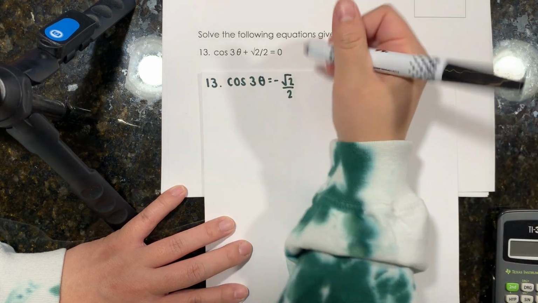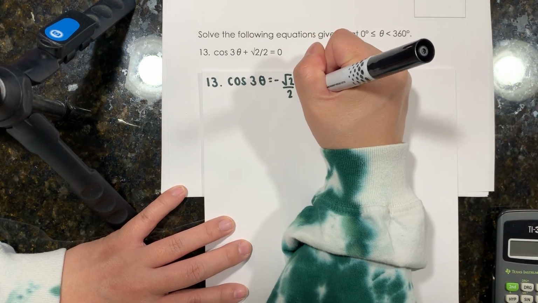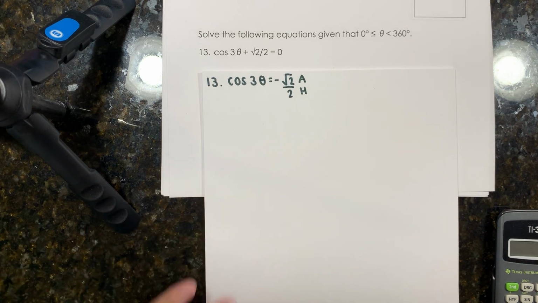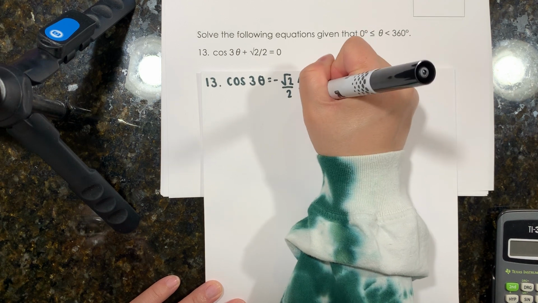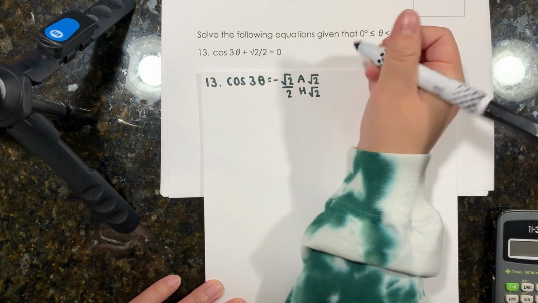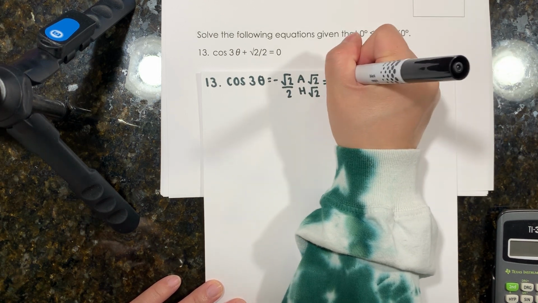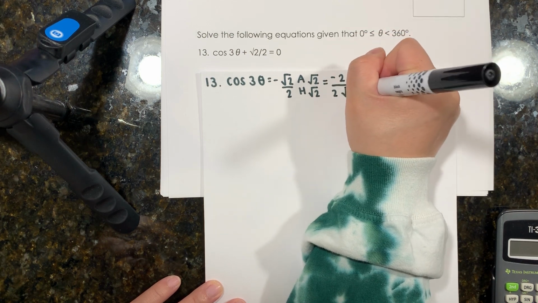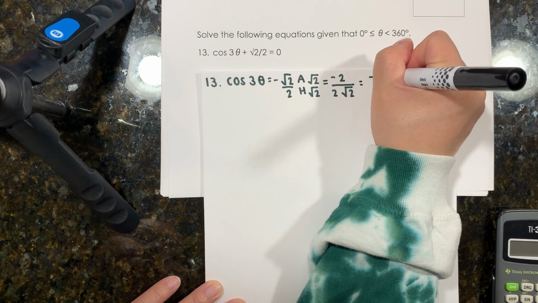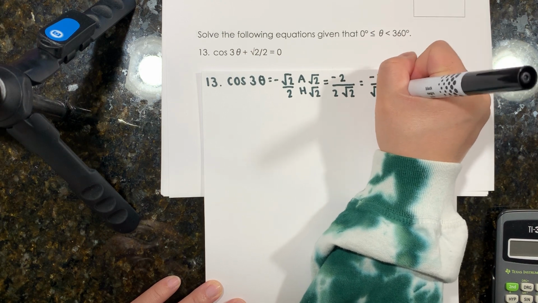Now I know that this is not a reference triangle because I don't have a reference triangle with an adjacent of square root of 2 and a hypotenuse of 2. So I'm going to move that square root down to the denominator by multiplying top and bottom by the square root. That would give me negative 2 over 2 root 2. If you simplify that, that would be negative 1 over root 2.